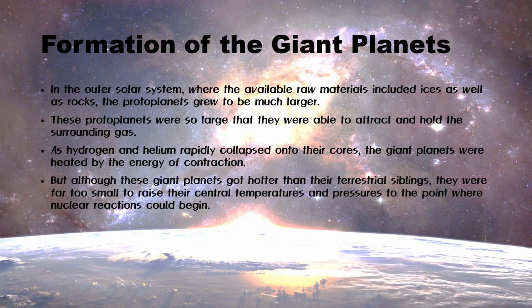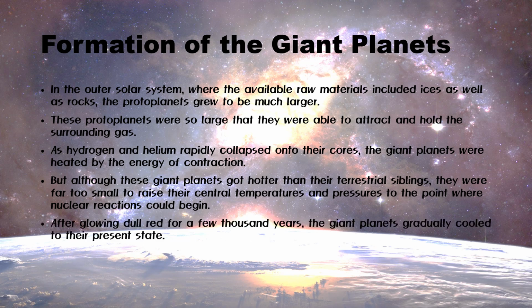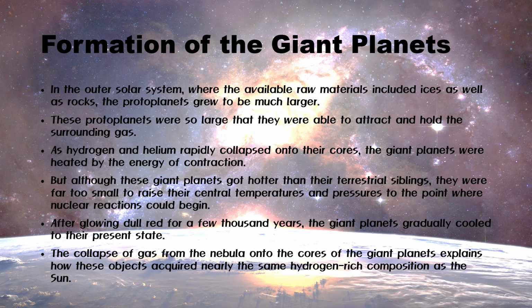One thing to keep in mind is that although these giant planets got hotter than their terrestrial siblings, they are far too small to raise their central temperatures and pressures, because you need both, to the point where nuclear reactions could begin. So they're not going to turn into a star. After glowing dull red for a few thousand years, the giant planets gradually cooled into the state we see today. The collapse of gas from the nebula into the cores of the giant planets explains how these objects acquired nearly the same hydrogen-rich composition as the Sun.